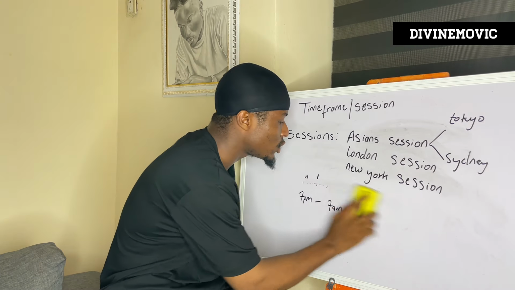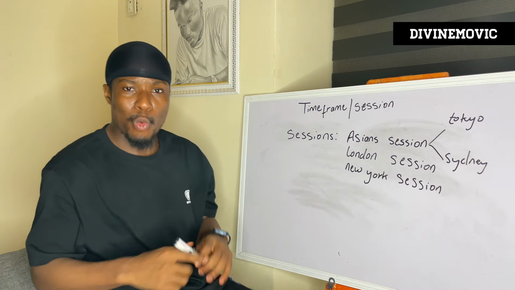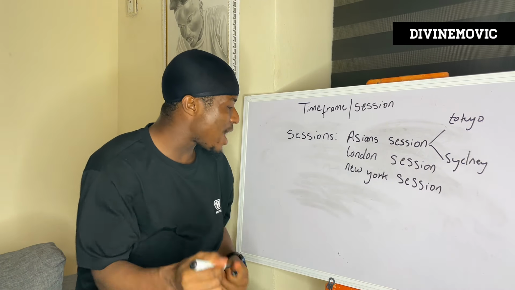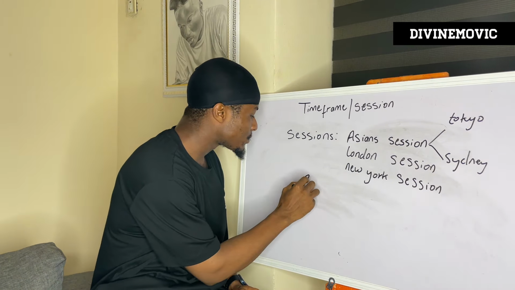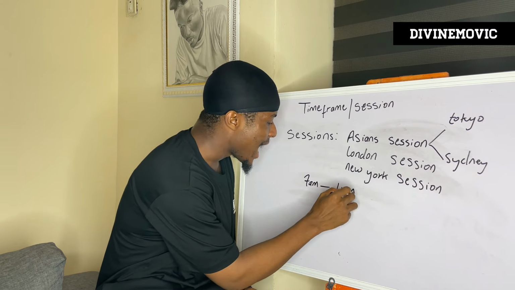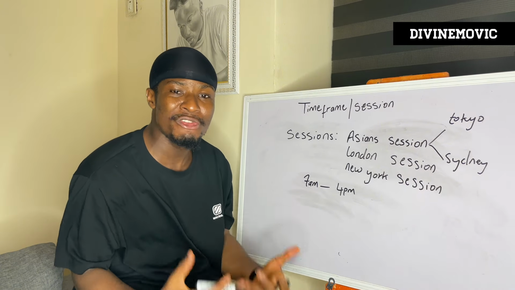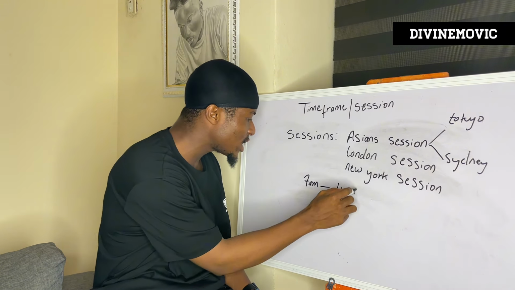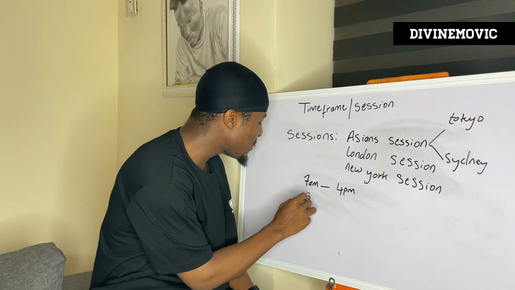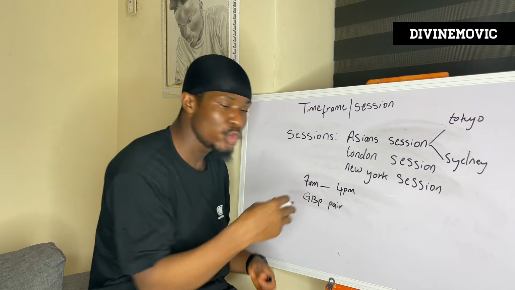Now we have the London session. London session simply opens around 7 a.m. to 4 p.m. And during this session, the GBP pairs are likely going to be moving very well. That means during this session, we want to see GBP pairs move.